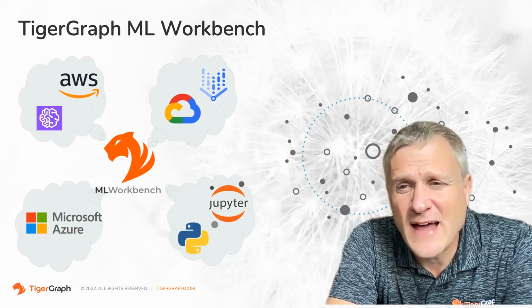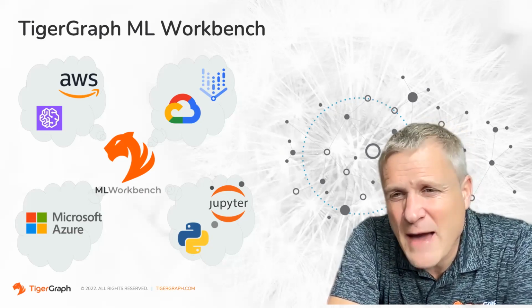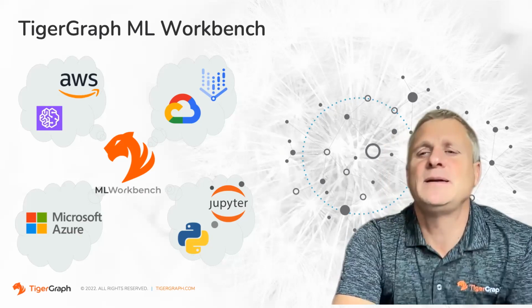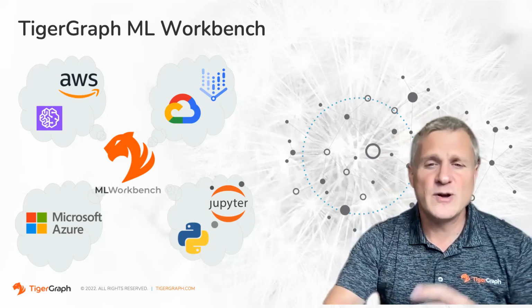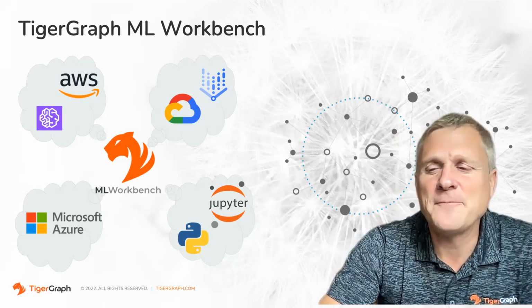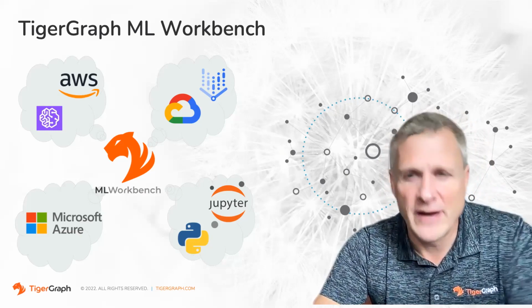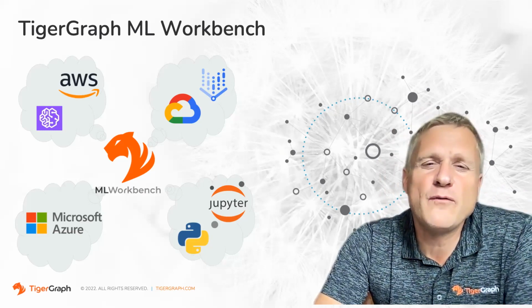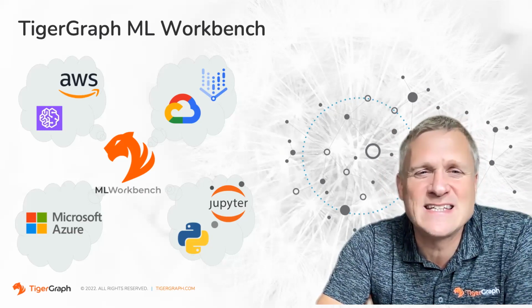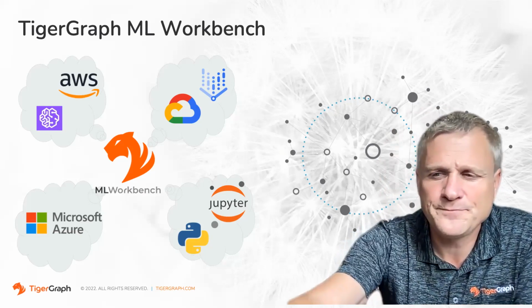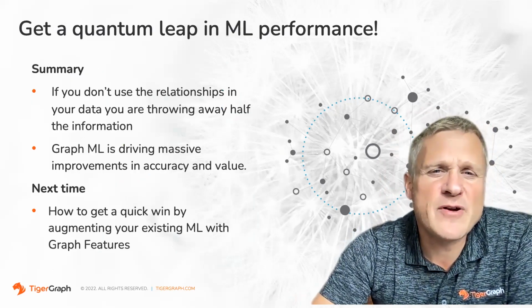That's super powerful. That brings the graph into the machine learning and allows you to access it in a completely different way. So again, really looking forward to telling you about that. This is where we're going: a way of putting graphs natively into the tools that you have chosen to do your machine learning with.